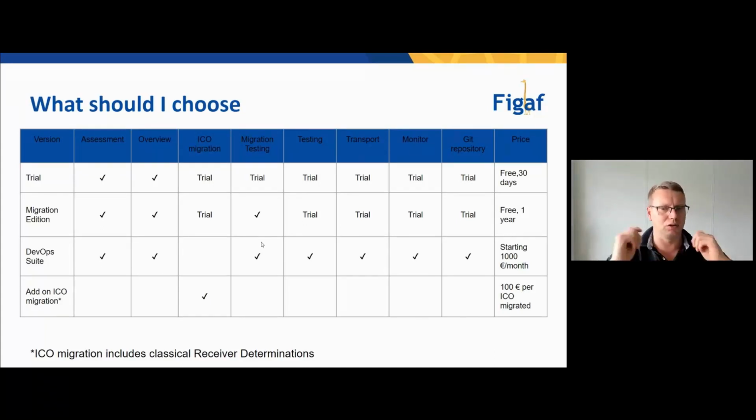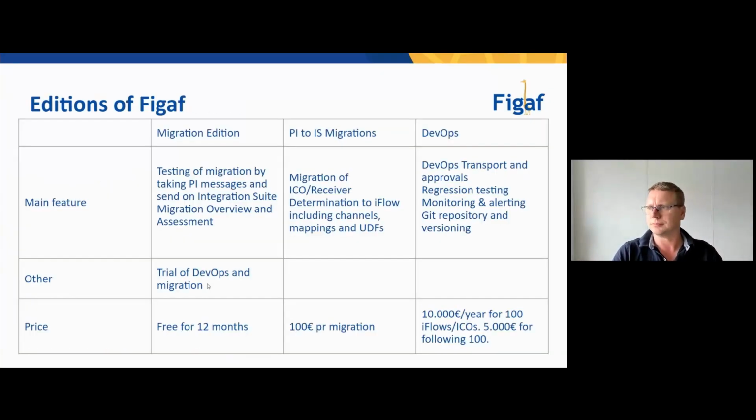This is more like continuous usage. And we have the ICO migration, which will take an ICO and convert it. Some of you already have licenses for the tool and can use those to work with it. If you need anything else, the trial versions would also do.